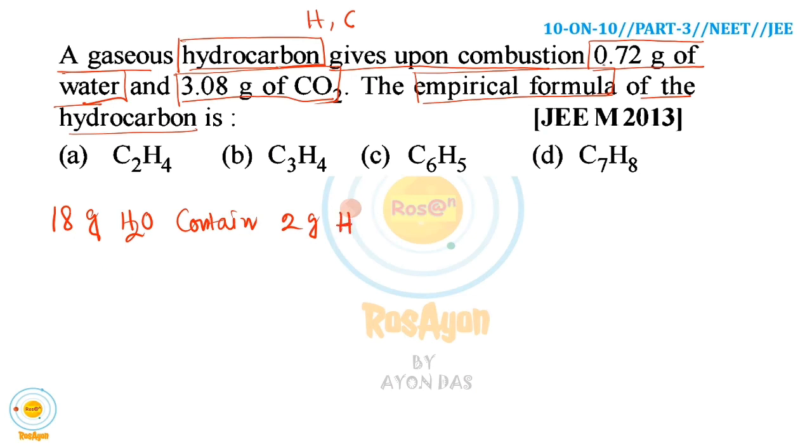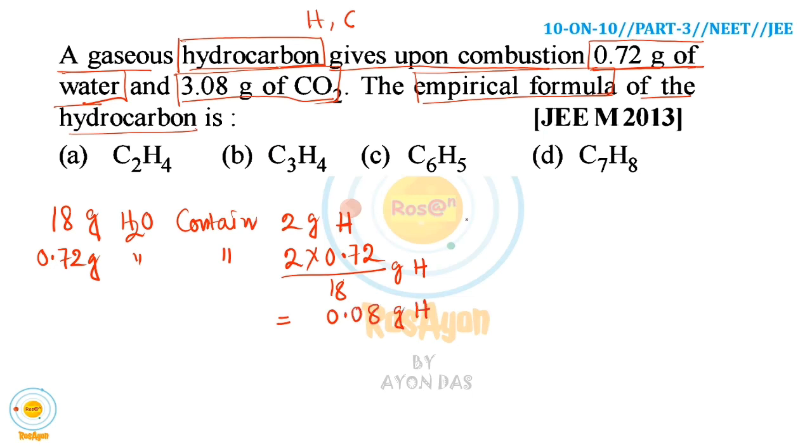So the hydrocarbon produced 0.72 gram water. That means 0.72 gram water contains 2 into 0.72 divided by 18 gram hydrogen, which equals 0.08 gram hydrogen. Now you know 44 gram carbon dioxide contains 12 gram carbon.